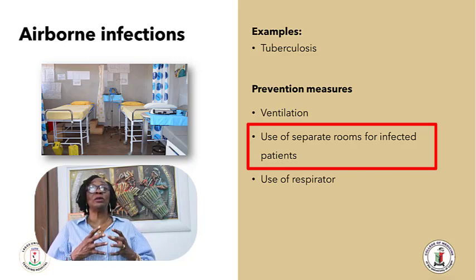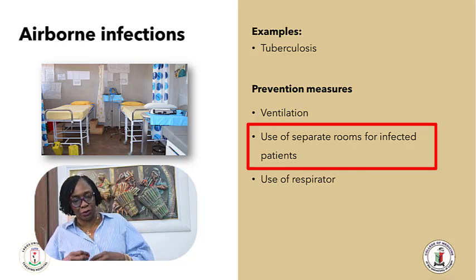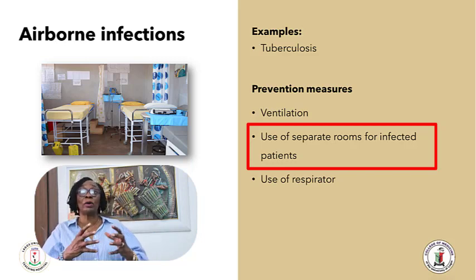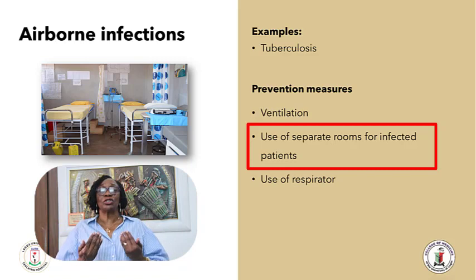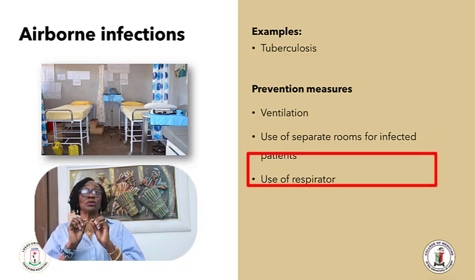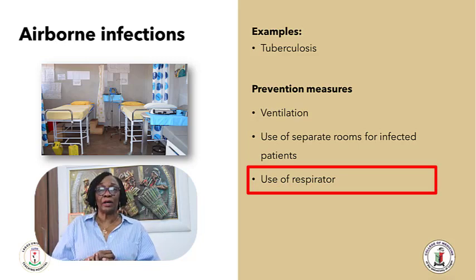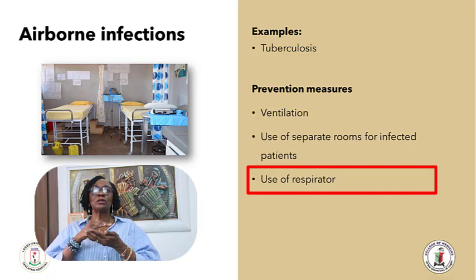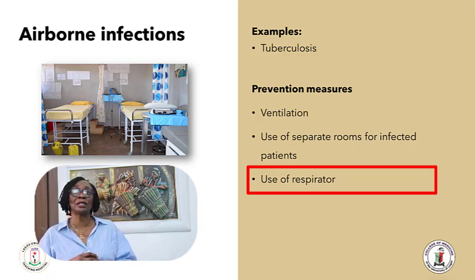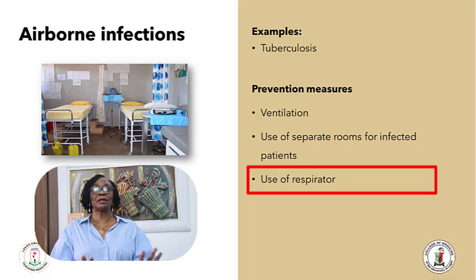In other words, a room in which the pressure within that room is smaller than the pressure outside, so that when you open the door, air rushes into the room and not out. And one of the things for this is that you must use a respirator. And these are the N95s, because they filter out very small particles, and these organisms are spread by very fine particles. Now, airborne infections usually are not spread from contact at all.